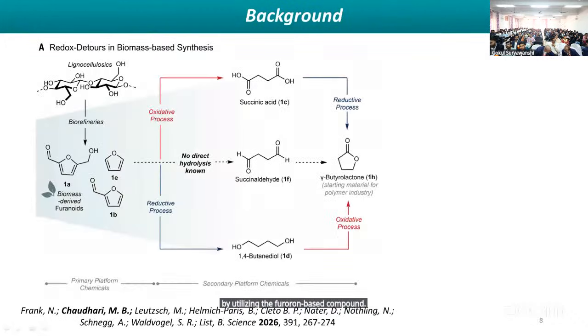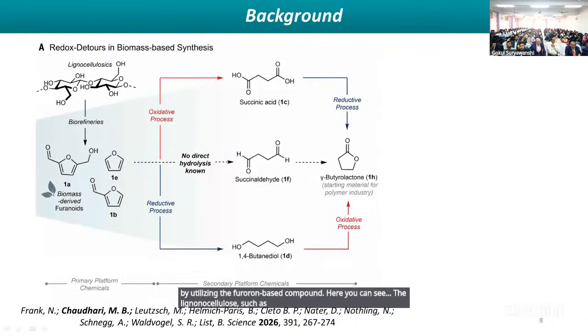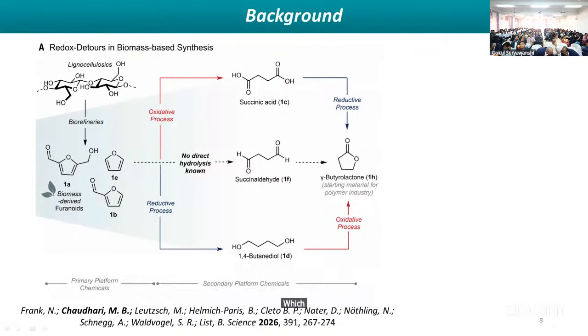Here you can see lignocellulose, such as hemicellulose or cellulose, is the initial starting material, which gives different furanoids, such as furan. Then we have furfural as well as HMF, which is a common solvent in industry.